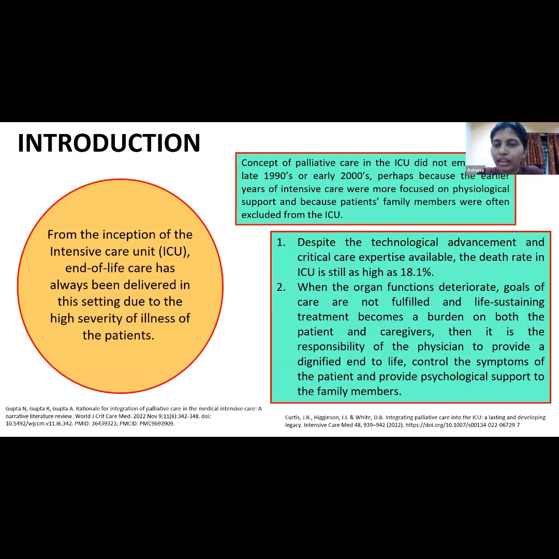Despite the technological advancement and critical care expertise available, the death rate in ICU is still as high as 18.1%. So when organ functions deteriorate, goals of care are not fulfilled, and life-sustaining treatments become a burden on both patient and caregivers, then it is the responsibility of the physician to provide a dignified end to life, control the symptoms of the patient, and provide psychological support to the family members.